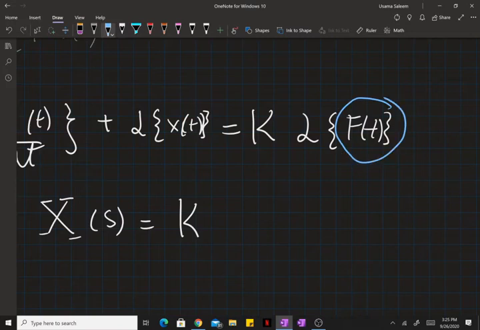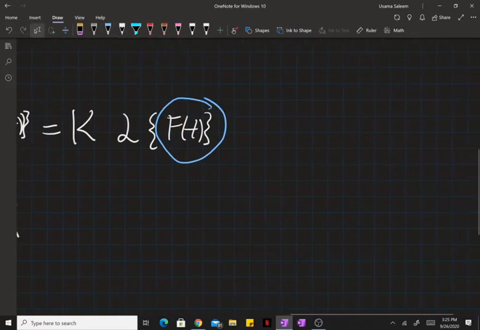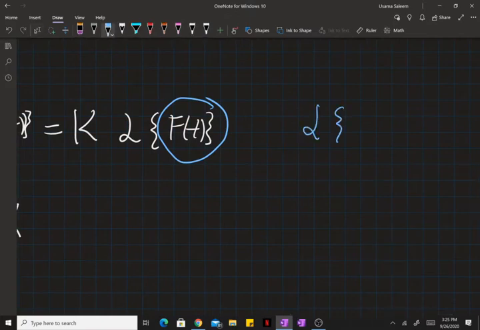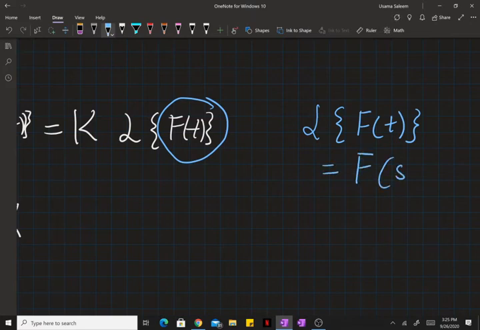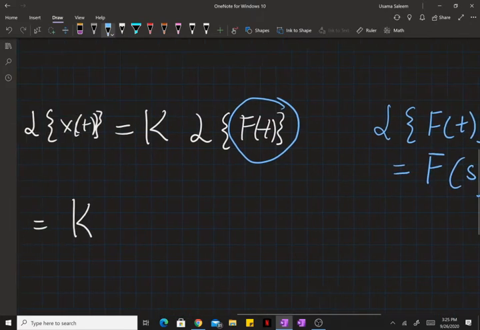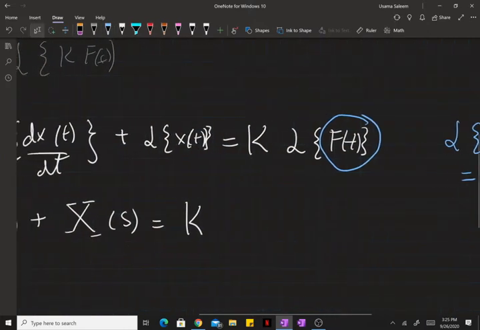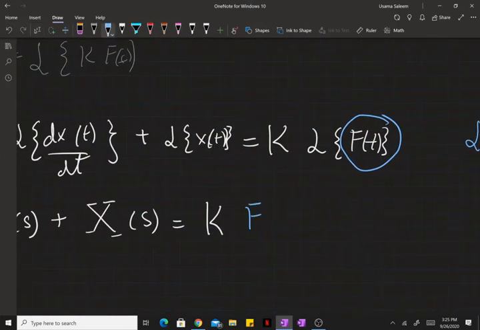We don't know the exact functional relationship between f and time, so we're just going to assume that the Laplace transform of f of t just spits out the following result, F of s. Just the most general case.